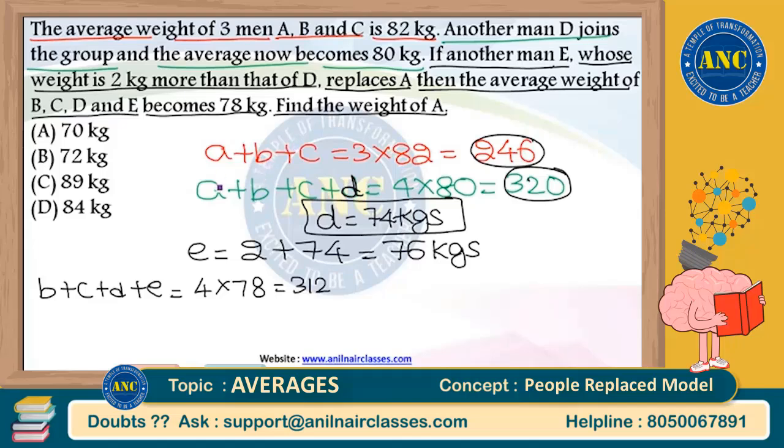Can I say that when A is with B, C and D, total weight is 320. But with B, C and D, if another person called E is present, total weight is 312.